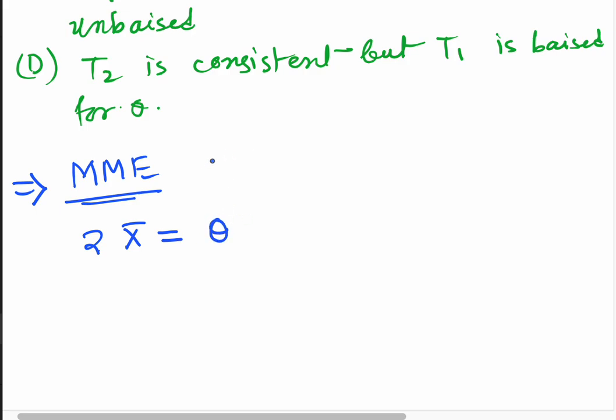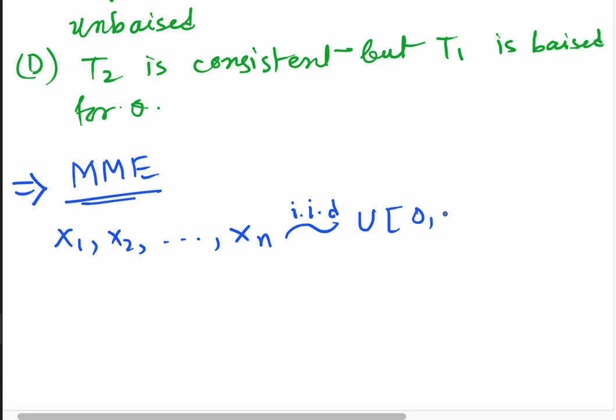Okay, sorry, let me. Suppose X1, X2, ..., Xn are identically distributed random numbers following a uniform distribution between 0 to theta.